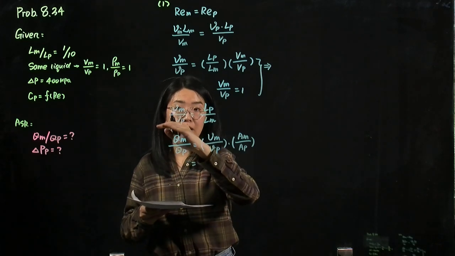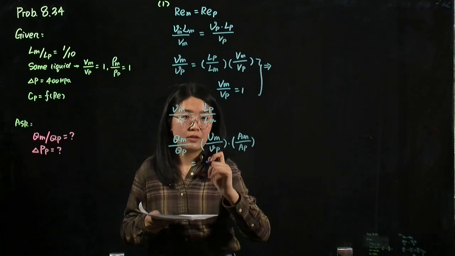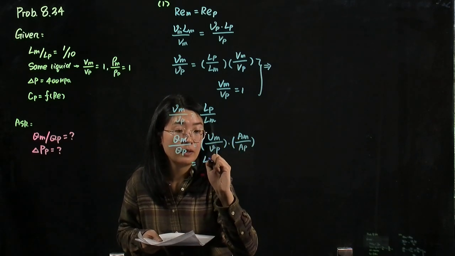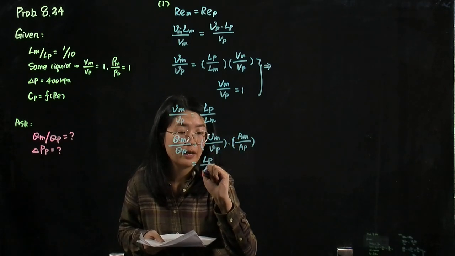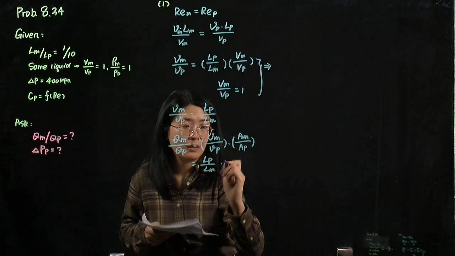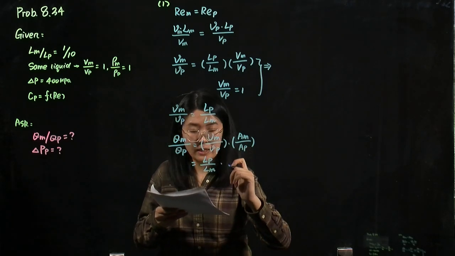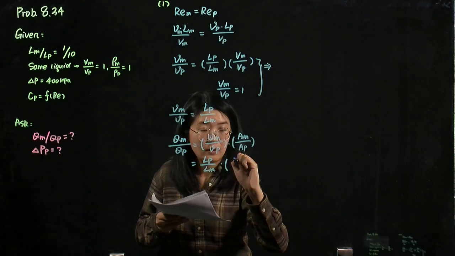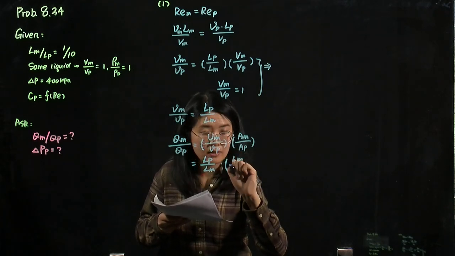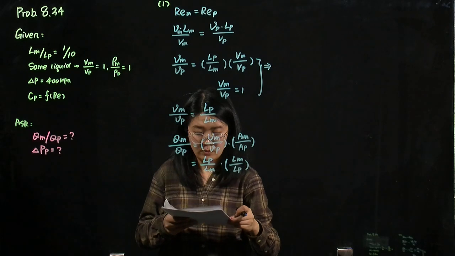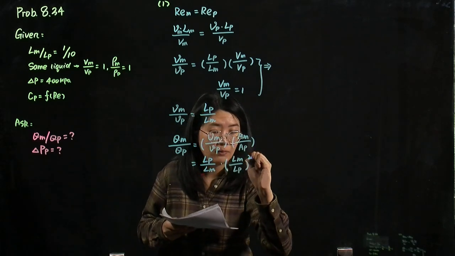Because we know the velocity ratio is here, it equals Lp divided by Lm times the area ratio, which equals Lm divided by Lp to the power of 2.